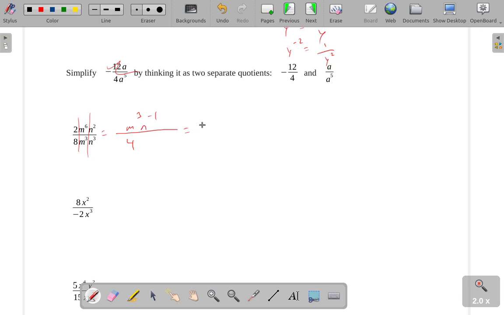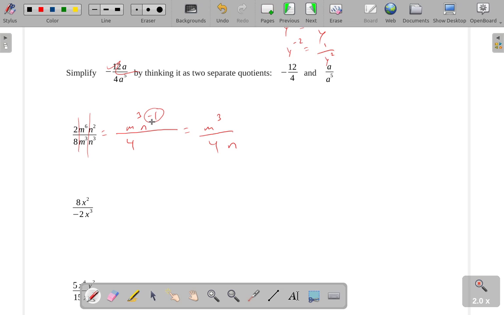However, what I could do, instead of writing it as n to the negative 1, I could write it as m cubed, 4 down there. I could move it down there with the n on the bottom, and you can see in this way I can avoid having a negative exponent. In general, when we're talking about simplifying some of these things, you'll get instructions that say all of your exponents should be positive integers.